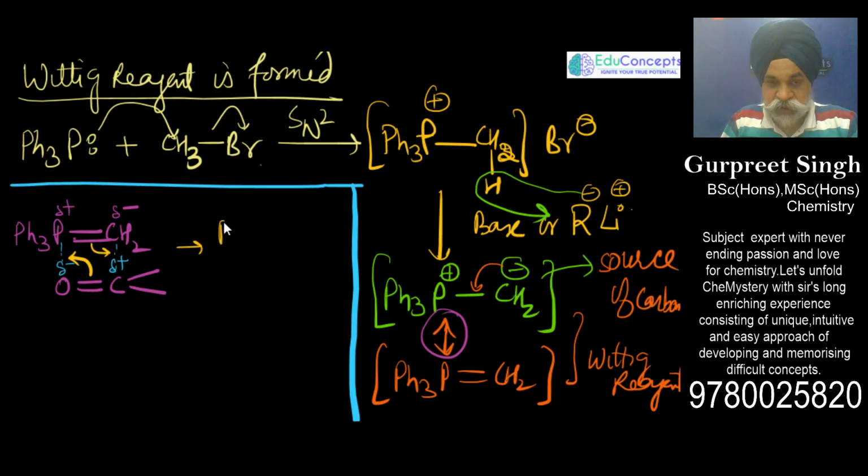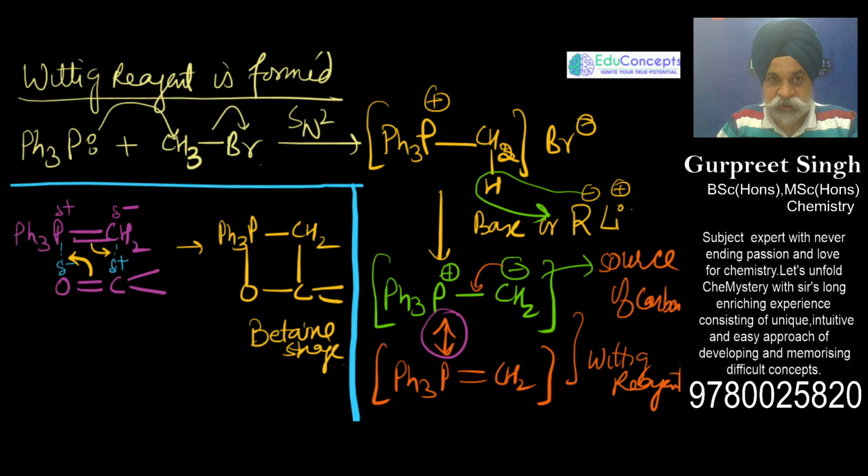There is a formation of this type of intermediate stage, and this intermediate stage at times is called the betaine stage. Now lastly, this bond opens up, this goes here, this goes here, and you end up getting this compound, triphenylphosphine oxide, and this can be said as oxaphosphetane, and along with it you would also get CH2 double bond C this.